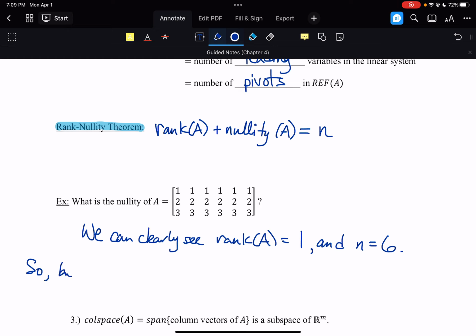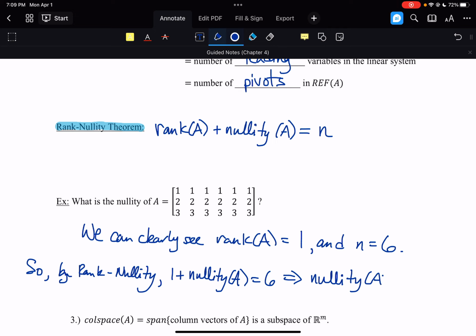So by rank nullity, 1 plus nullity of A equals 6, which gives us, through basic arithmetic, that the nullity of A is 5.